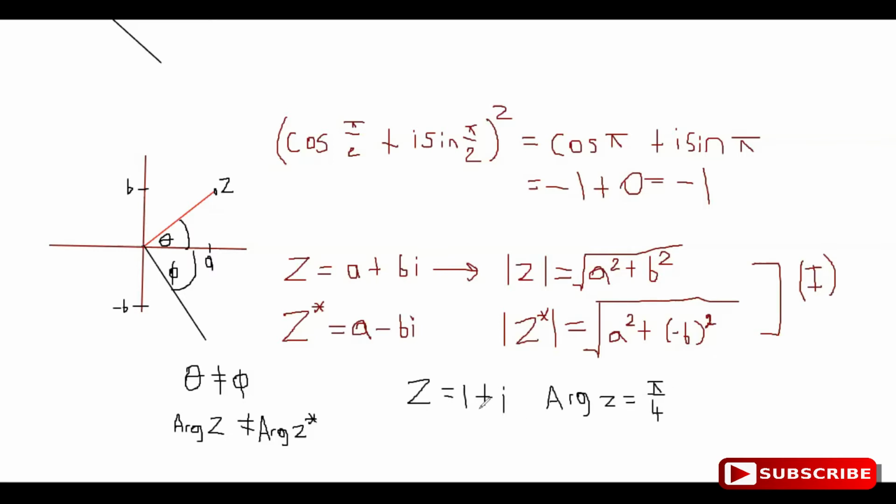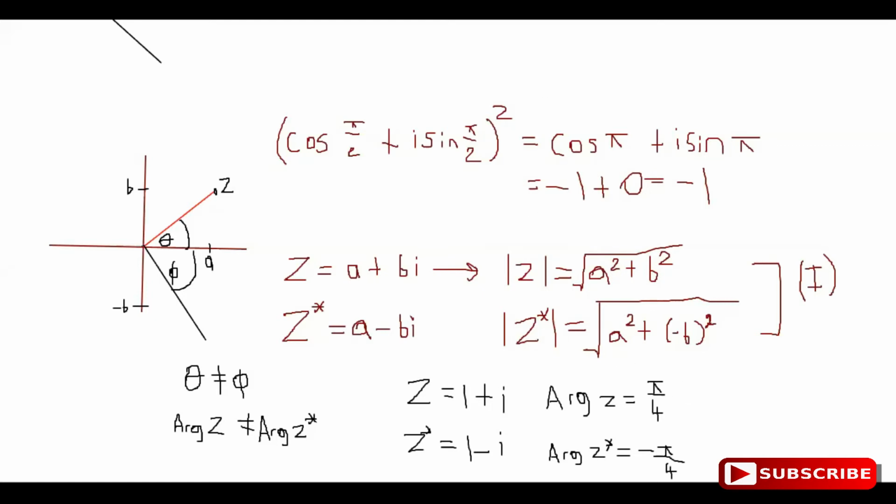Then if you were to write down z bar, you get z star is equal to 1 minus i. And so the argument would be tan inverse of minus 1 over 1, which would be minus pi by 4. And this would show that they're not the same.